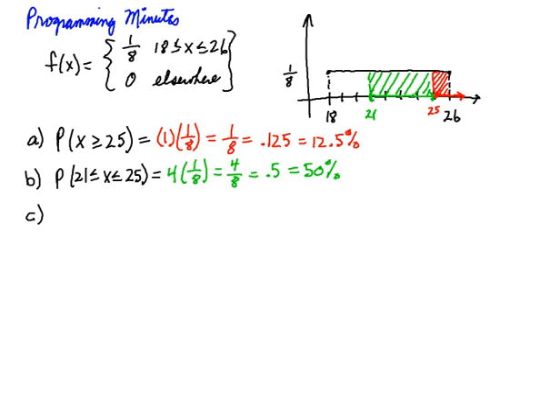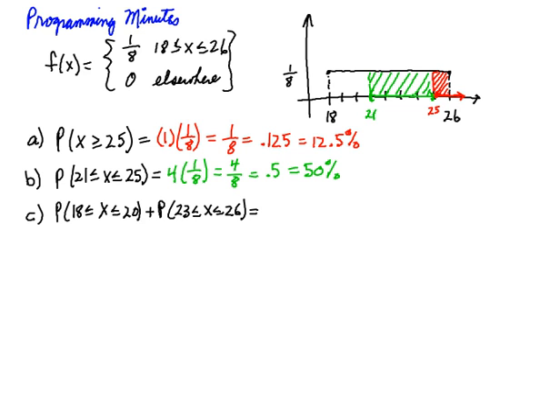Okay, C. What is the probability a sitcom will have between 18 to 20 minutes of programming or 23 to 26? So we would add the probabilities there. That would be the probability that the random variable is between 18 and 20 plus the probability that the random variable is between 23 and 26.